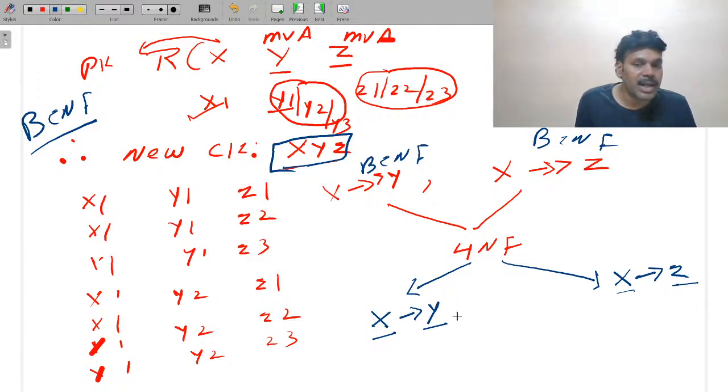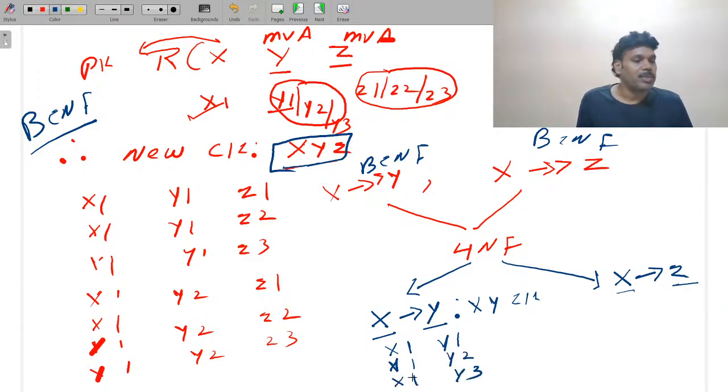Now you can write that XY is your candidate key. So you can write X1 with Y1 combination, X1 Y2 combination, X1 Y3 combination. Now observe these rows are unique. X1 Y1 unique, X1 Y2 unique, X1 Y3 unique.